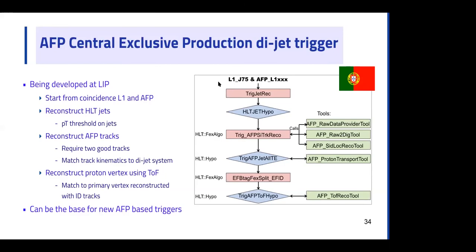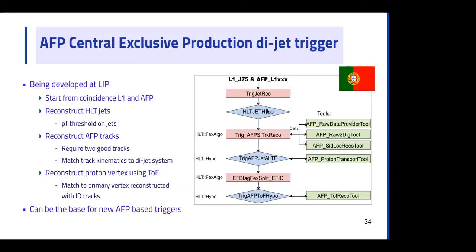This is not sufficient, and we need to design dedicated high-level triggers that match the kinematics of the jets to the proton kinematics, first using the tracking system, and afterwards using also the time of flight measurement and vertex reconstruction for the dijet system.